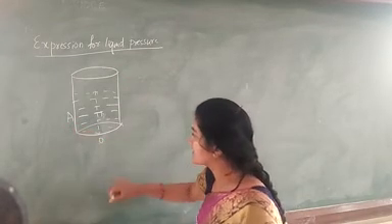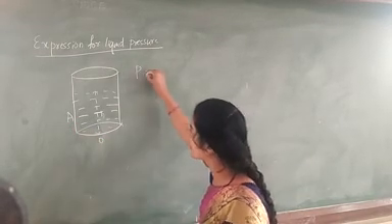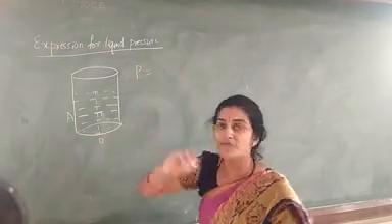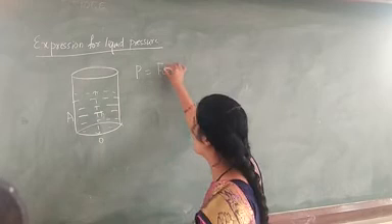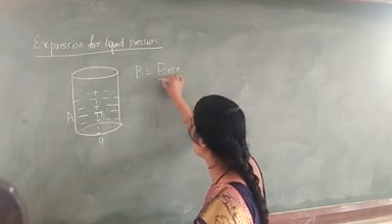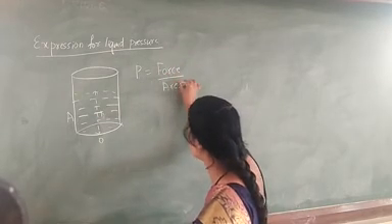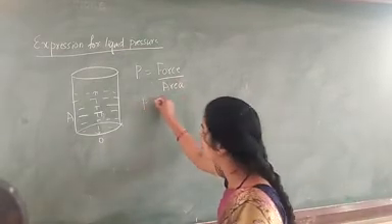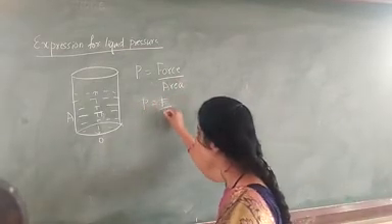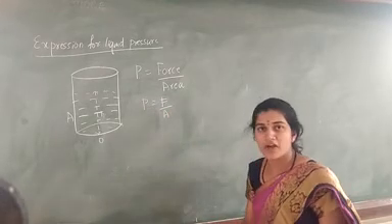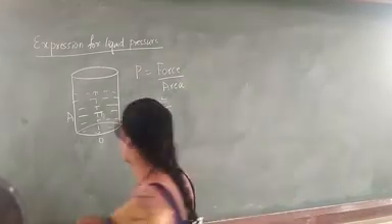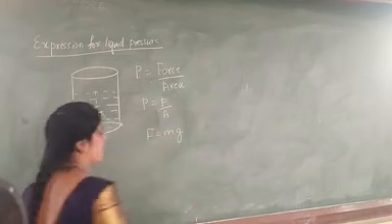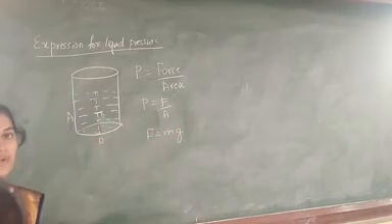Now we know that pressure is equal to thrust by area, or force by area. The formula for pressure is force by area. We can write this as P is equal to F by A. That is your pressure. Now we know that F is equal to mass into gravity.